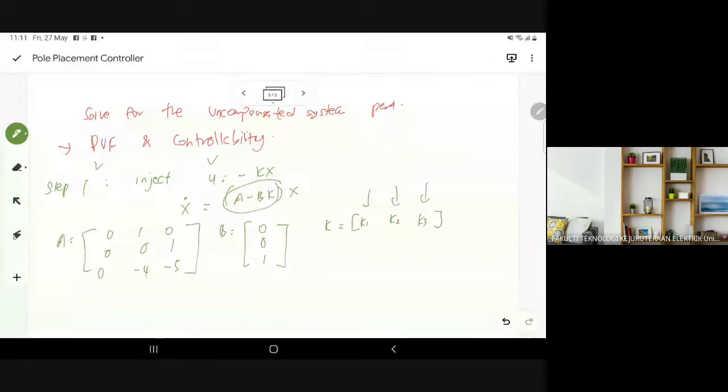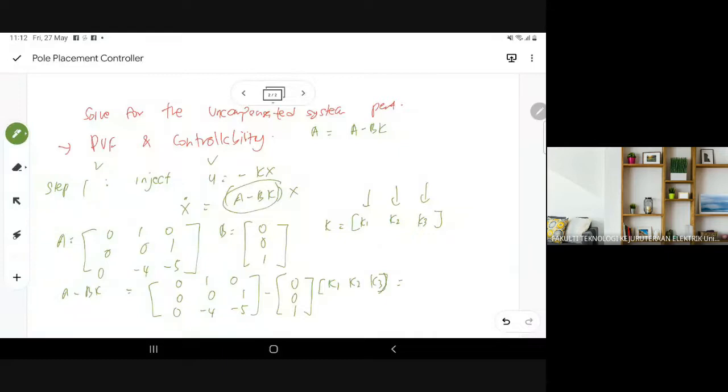So now we need to find our A minus BK, because this is our new A. So we need to solve this one. So the A minus BK is 0, 1, 0, 0, 0, 1, 0, minus 4, minus 5, minus B multiplied with K, which is K1, K2, K3.